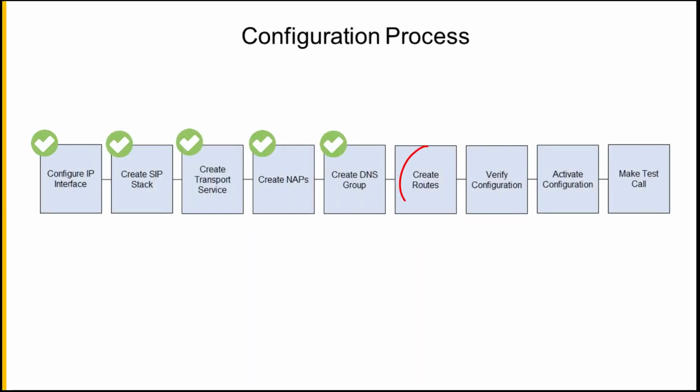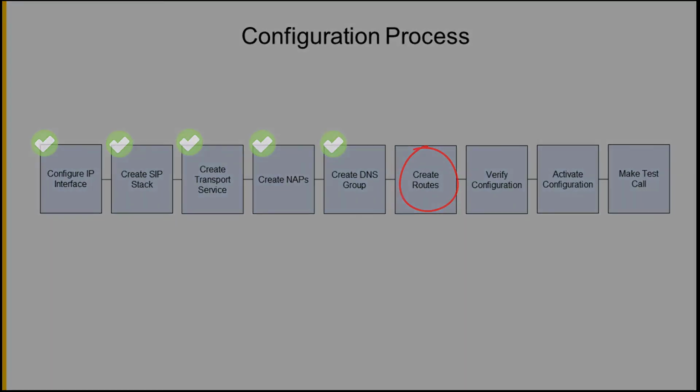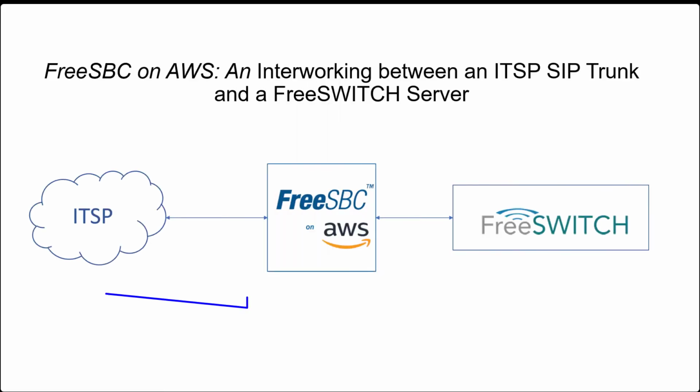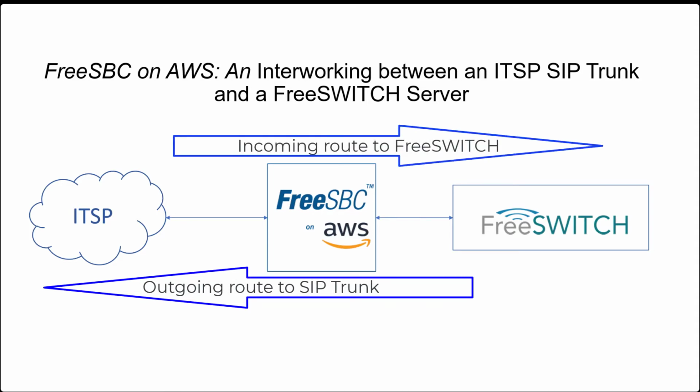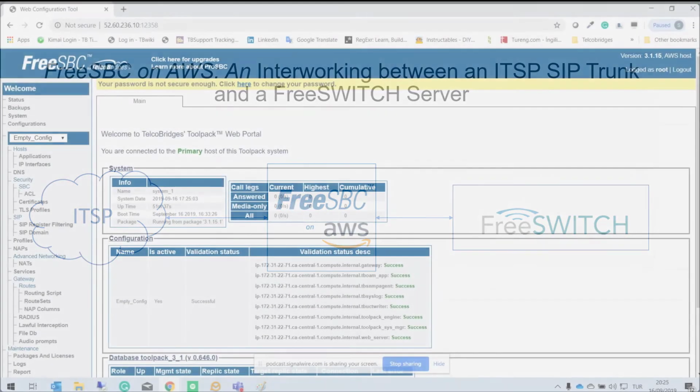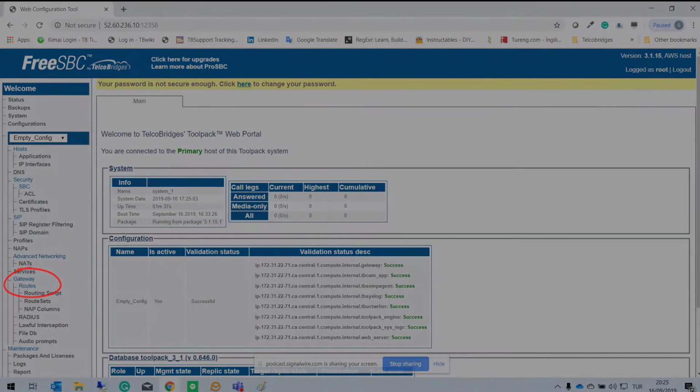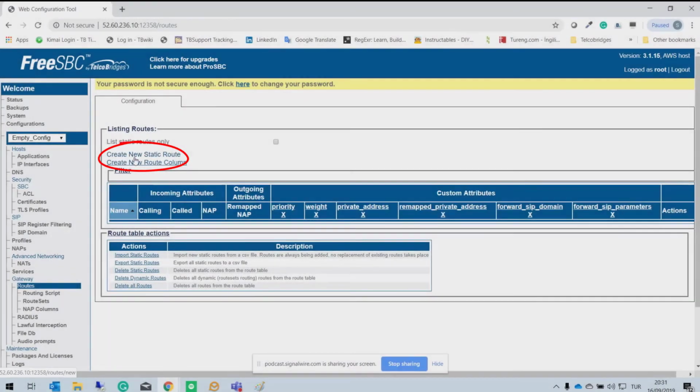In this phase of the process, routes are created to form connections between the NAPs. One outgoing route is created to serve the outgoing calls from FreeSWITCH to the SIP trunk. One incoming route is created to serve the incoming calls from the SIP trunk to FreeSWITCH. To create the route, click Routes. Click Create New Static Route.